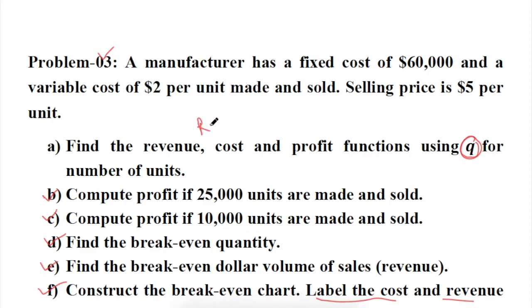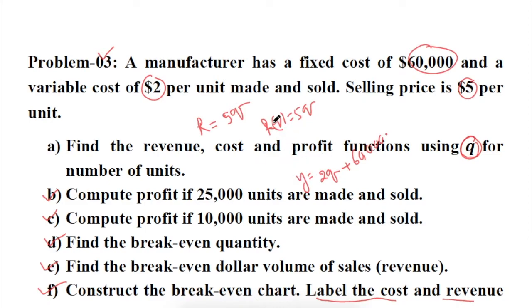Revenue will be 5Q in this case, and you can write R as a function of Q, which is 5Q, and the cost line y, that will be mx plus c. M is this amount and this is C. So 2Q, instead of x we need to use Q, plus 60,000 is the fixed cost.